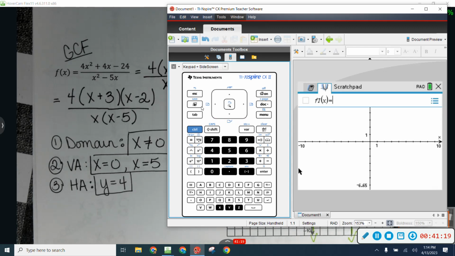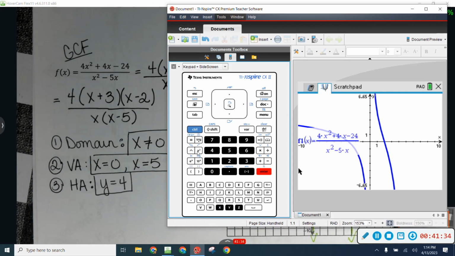I'm going to clear my calculator and type my original. Does anybody have something other than this? For those of you who are doing it in your calculator, do y'all have this?